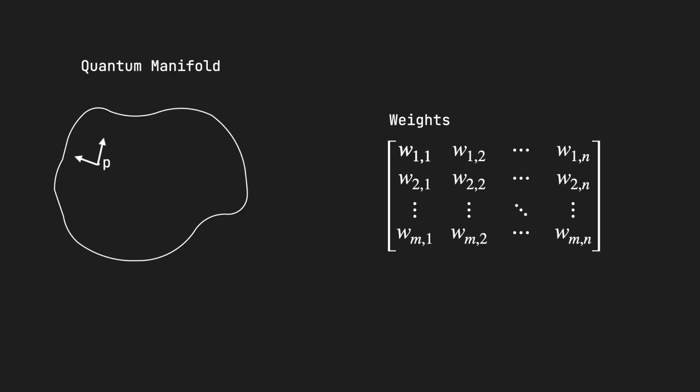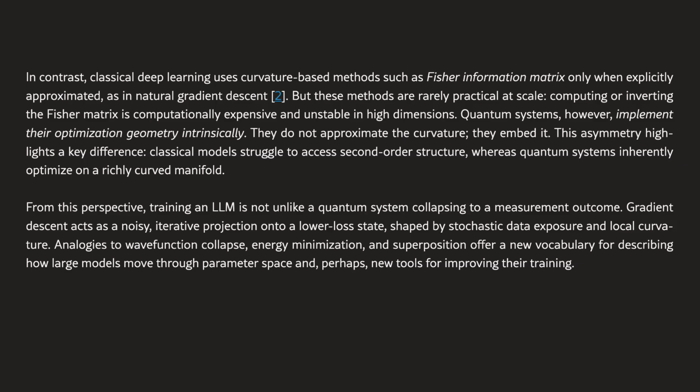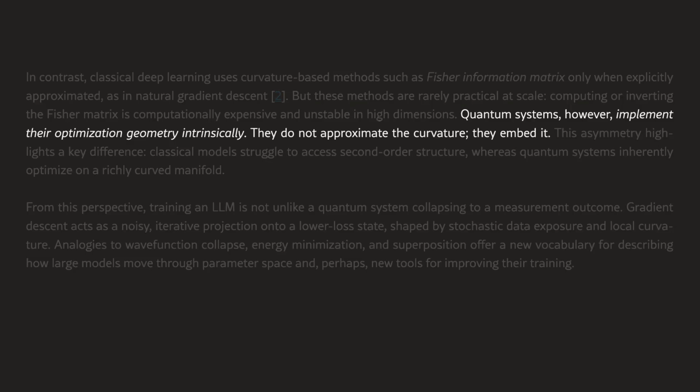What is the metric that we could use to measure distance? It's called the Fubini metric. As this paper says, in a snippet from the paper, quantum systems, however, implement their own optimization geometry intrinsically. They do not approximate the curvature, they embed it.